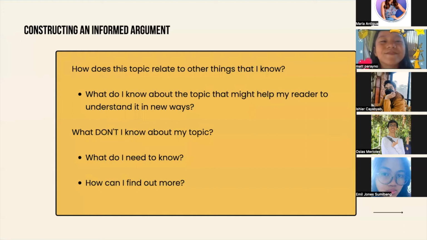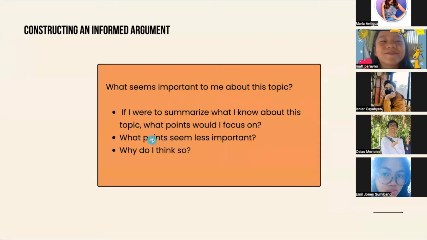We can also say it's not enough to summarize, di ba? The aim is not to summarize. We try to synthesize, as we've said a while ago. What point seems less important, we take it away.